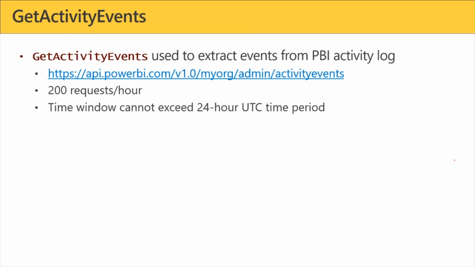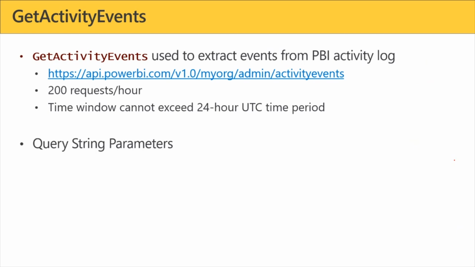And the idea is that when you call this, you're going to the Power BI activity log, and you're basically pulling out information on who viewed particular reports, who published a data set, that kind of stuff. Now, there are some limitations. When we call GetActivityEvents, you are limited to 200 requests per hour. And also, for each request, your time window has to live within a 24-hour UTC time period.